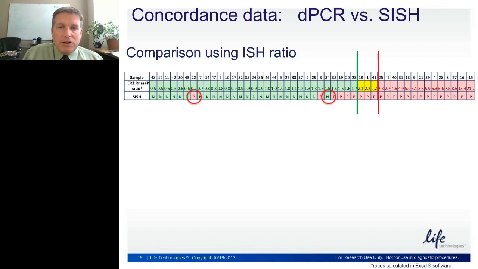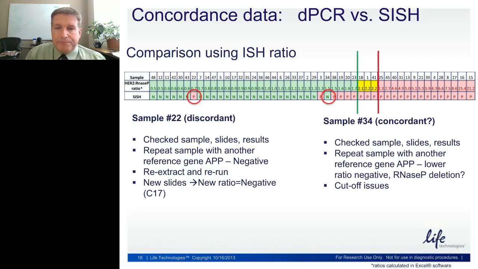So he went back and looked at those further and found that sample number 34 actually double-checked and found it did indeed have an amplification, but it turns out that it had 1 copy lost of RNase P. So it actually had 1 copy of RNase P and 2 copies of the HER2 locus.